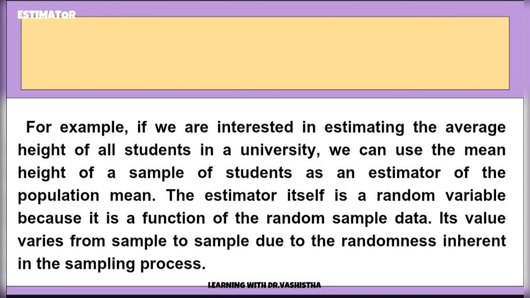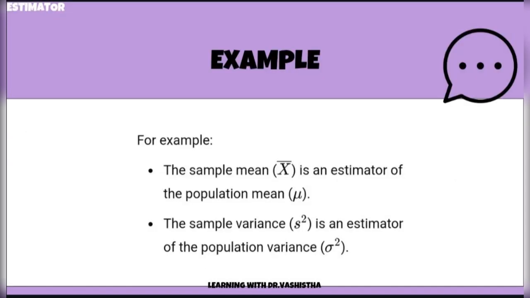So the estimator itself is a random variable. Why? Because it is a function of the random sample data that we have collected. And so its value varies from sample to sample because of this randomness that is inherent in the sampling process. And we can denote it like, for example, if the population mean is mu, then the sample mean can be capital X bar.